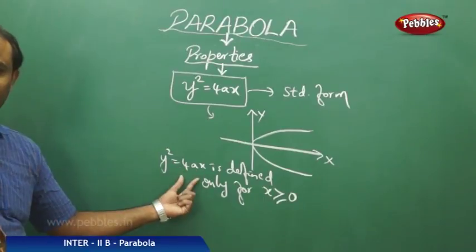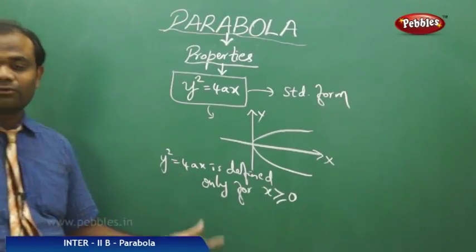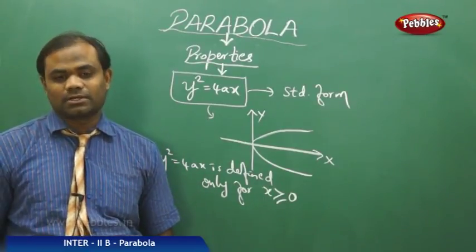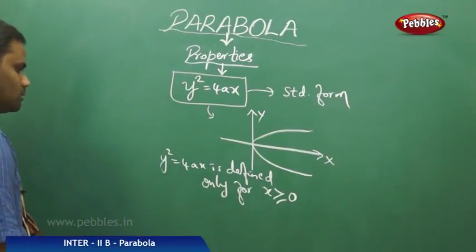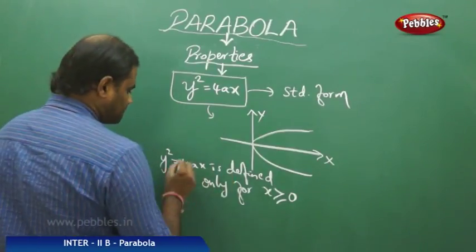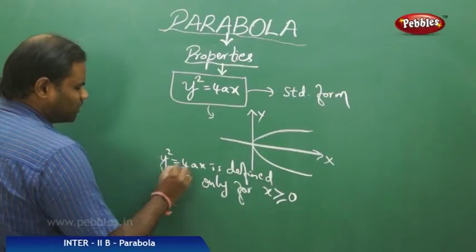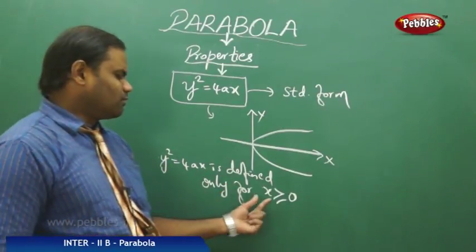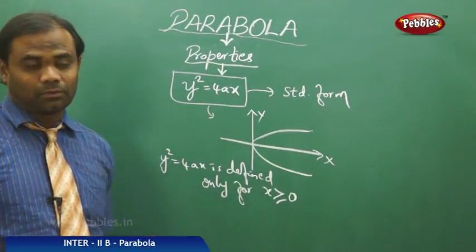If I take a negative value, this reduces to the root of a negative number, which is complex or imaginary. Therefore, y squared equal to 4ax is defined only for x greater than or equal to 0.